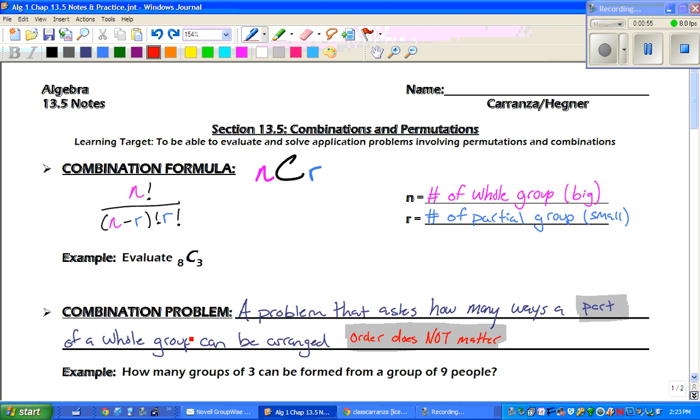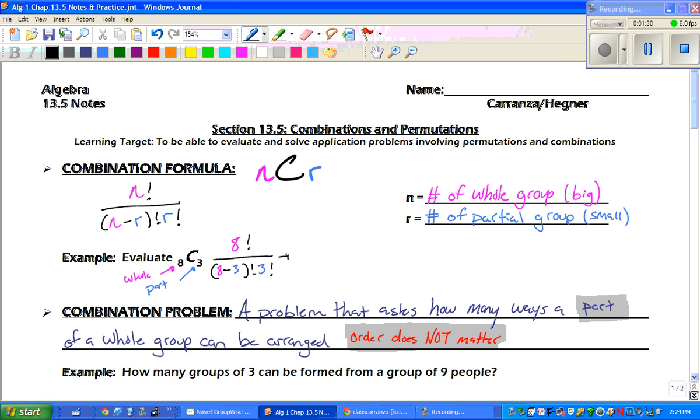Okay, so let's go ahead and do this. Now, anytime we see a problem like this, we automatically want to throw it into the formula right away. Because even though we can put this in our calculator, we do want to be able to show some of the work. Now 8, that is the whole, that's the big number, so that is your n, and r right here, that is the part, the small number.